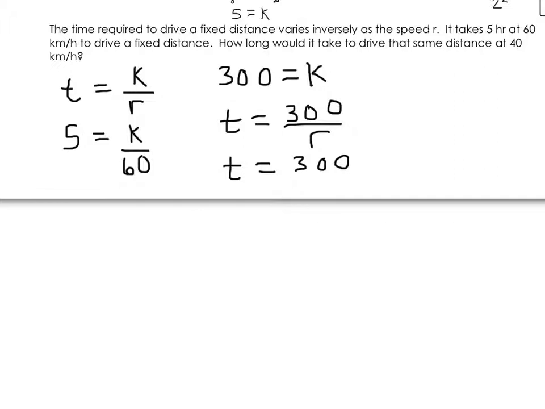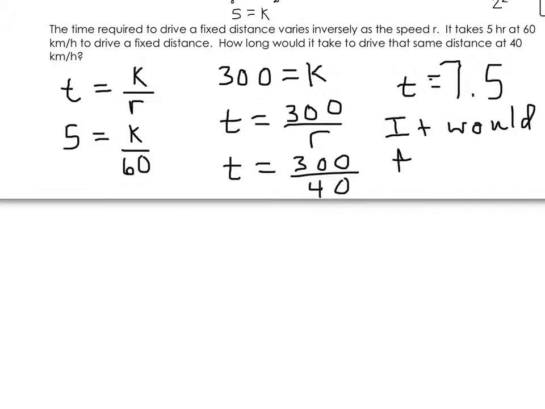So we take our 300 and divide by 40. That's 30 divided by 4. So it's 15 divided by 2. 7.5 hours. It would take 7.5 hours. And that's all for this section.